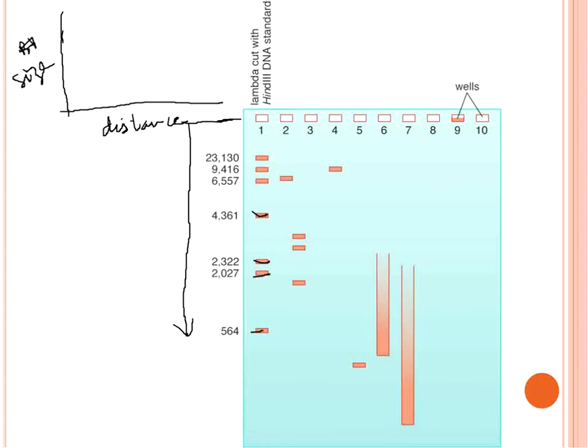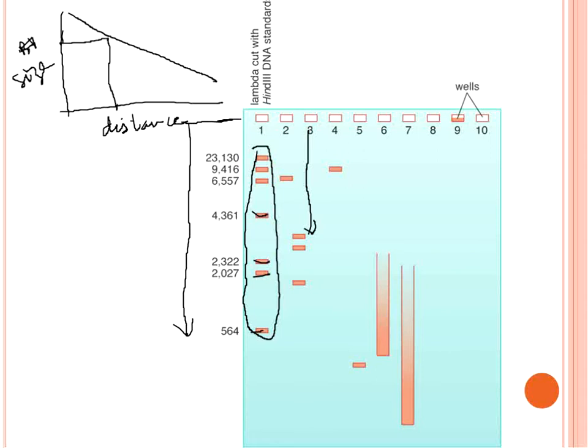And so the larger size has shorter distance, so you're going to get a graph, something like that, right? Using this standard. So this is kind of a standard curve for your DNA, isn't it? And so let's say that you have run your sample and you measure the distance of this fragment, and it turns out to be over here. So you can then figure out the size of that fragment. That makes sense?